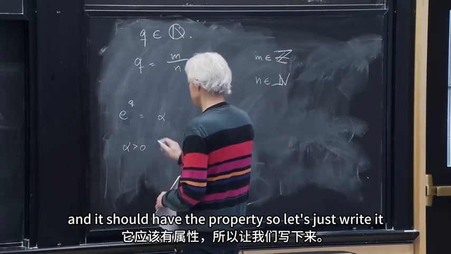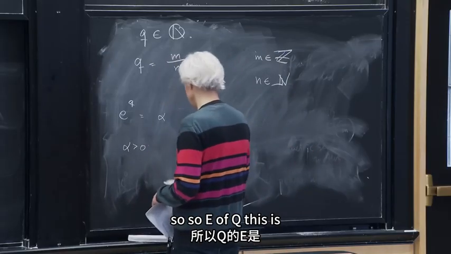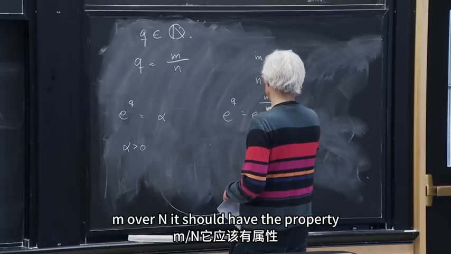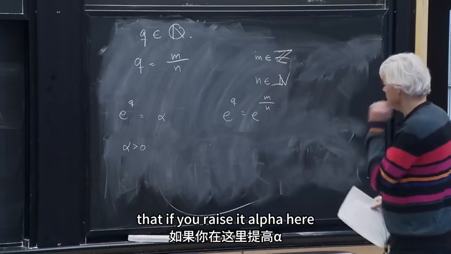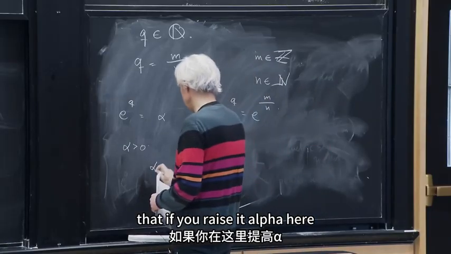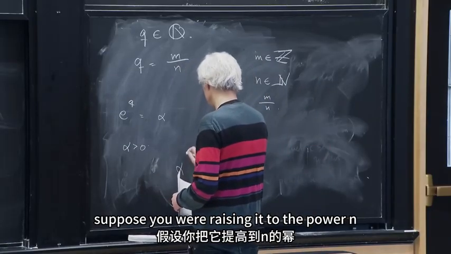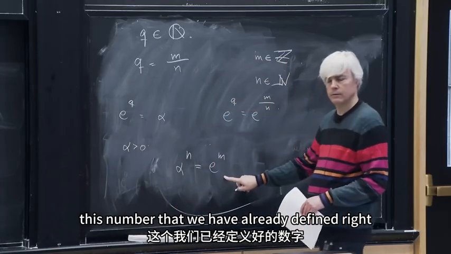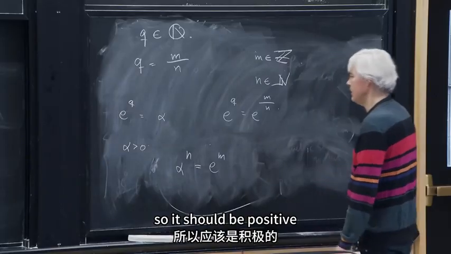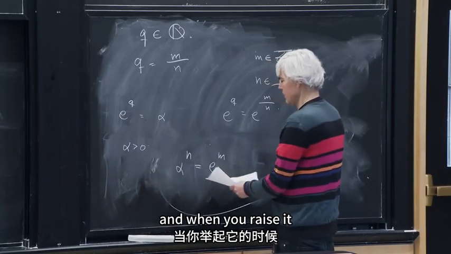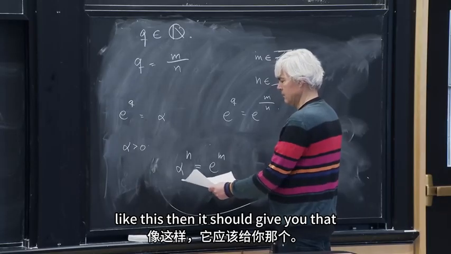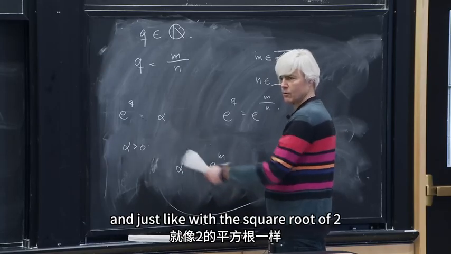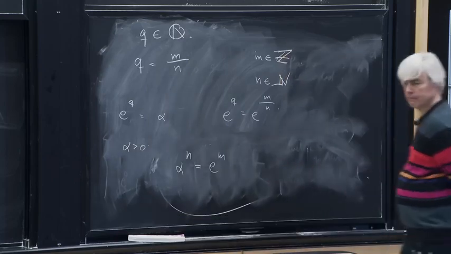So let's write it: E of Q, where Q is M over N, should have the property that if you raise alpha to the power n, then you get the number that we have already defined. So it should be positive, and when you raise it like this, it should give you that. And just like with square root of 2, there's just one element with this property.